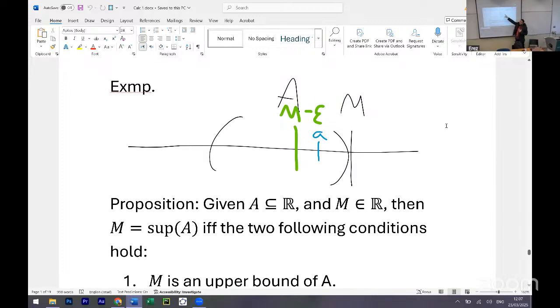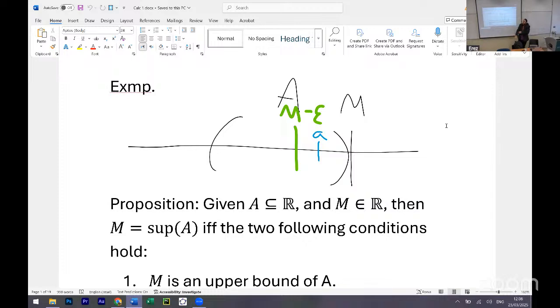If I take the number m and I move it to the left by subtracting some positive number, an arbitrary positive number, an arbitrary distance, we usually note by the letter epsilon. So given an arbitrary positive epsilon, if we subtract it from m, we will get a lower number, m minus epsilon, which is not supposed to be an upper bound, because m is the lowest upper bound.